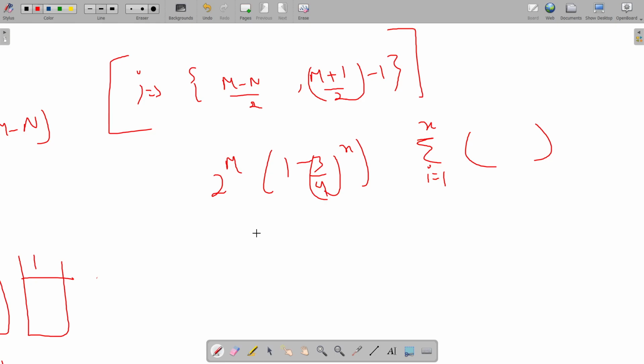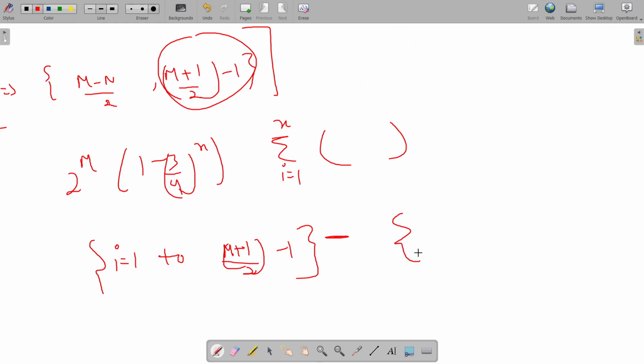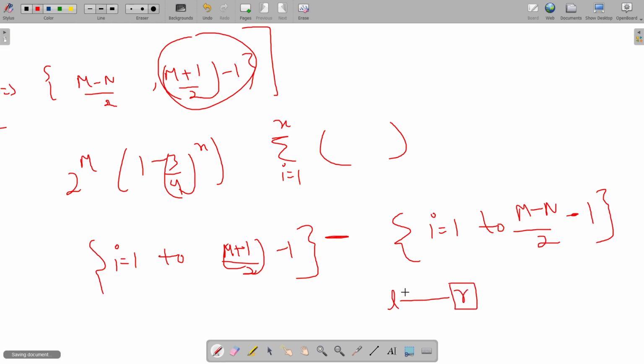So what you want to do is calculate the sum from I equals 1 to m plus 1 by 2 minus 1, for this range, and then you need to subtract that with the sum from I equals 1 to m minus n by 2 minus 1, the prefix, because the sum from L to R is the sum till R minus the sum till L minus 1.